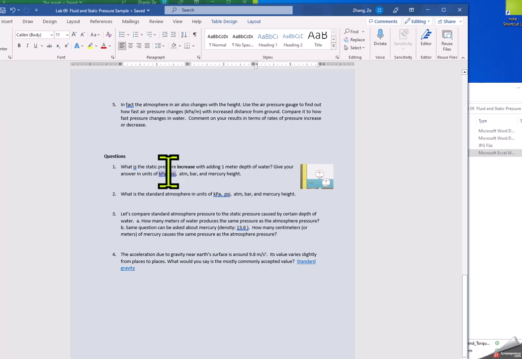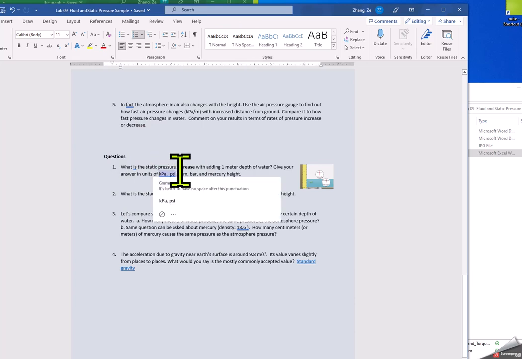How do we convert 1 meter of water to atmospheres, bar, and mercury height? Those of you who study biology or medicine know these are all pressure units. So if you go down 1 meter of water, the pressure increases 9.8 kilopascals in standard units, and you need to find out how many psi, atmospheres, bars, and mercury height that is.